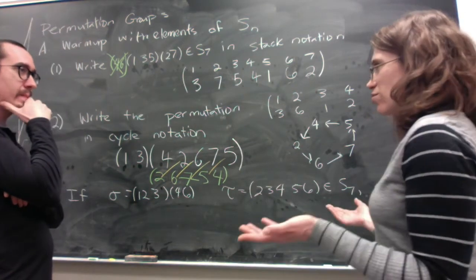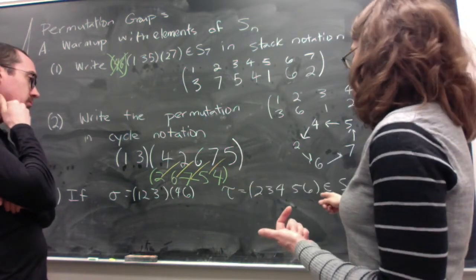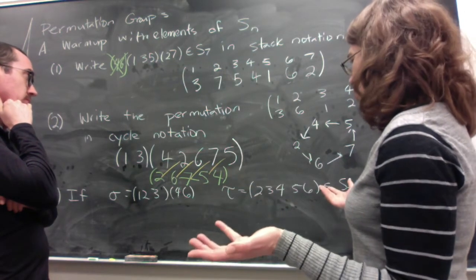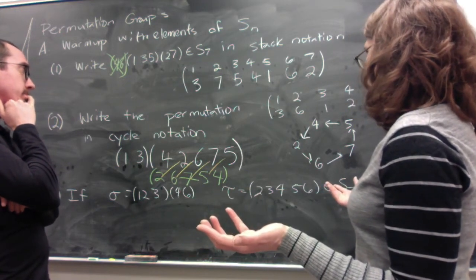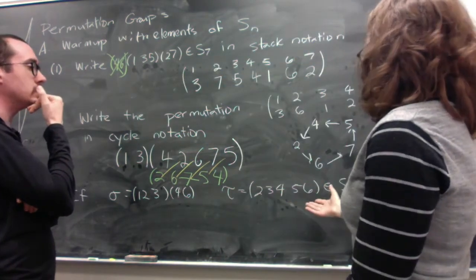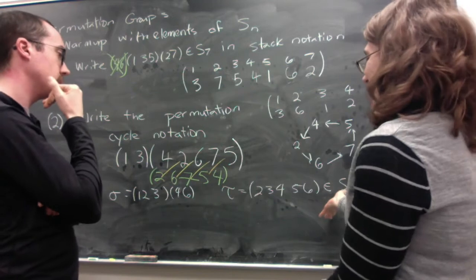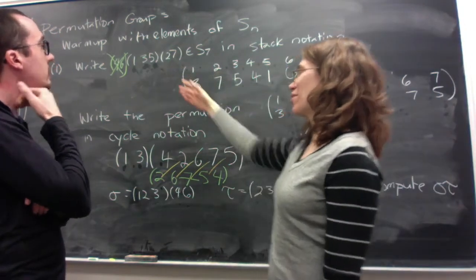So I have a few questions right now. My first question is, I don't see 7 appearing. Is that okay? What does that mean? I guess that goes back to this first problem. The weird thing is it's the last number, so why isn't this just an element of S6? Whereas here there were middle numbers.